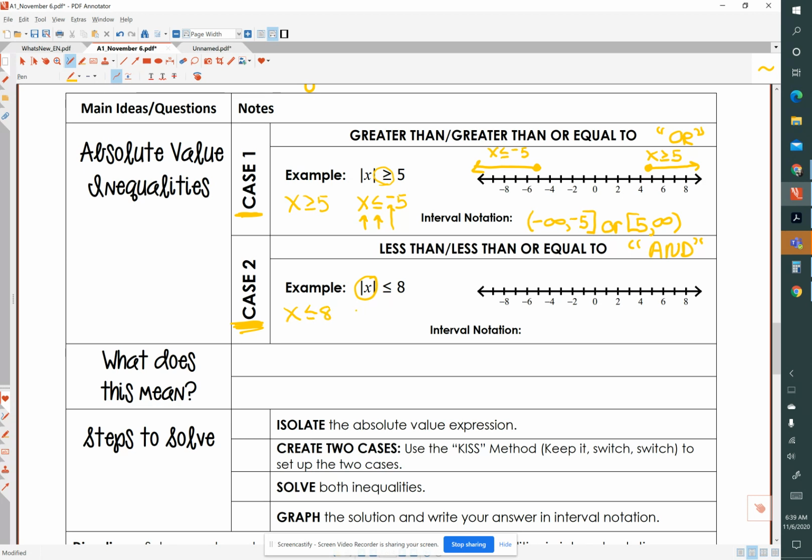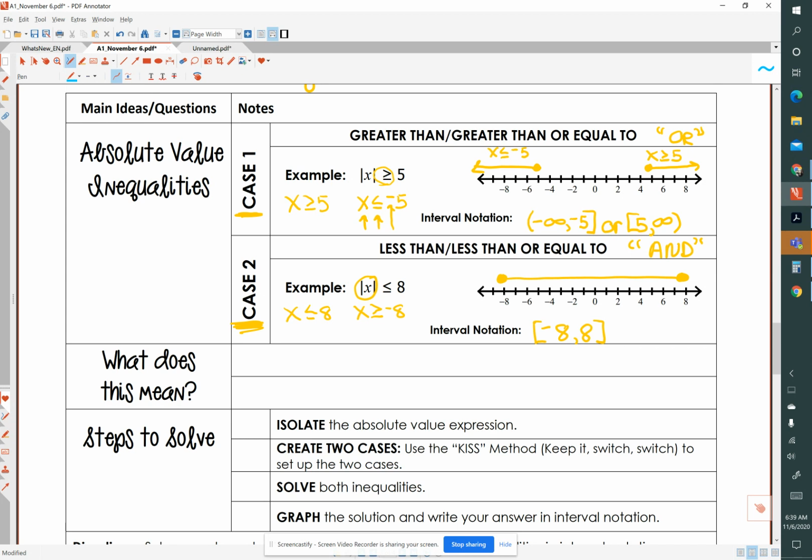Now keep, switch, switch. x is greater than or equal to -8. So we've got -8, 8. Connect them with a graph. And let's write it in interval notation. Bracket, because -8 is included, comma, 8, bracket.